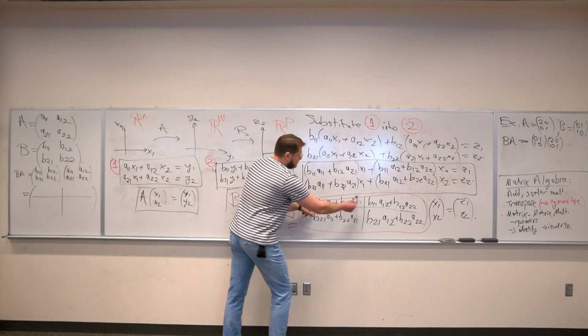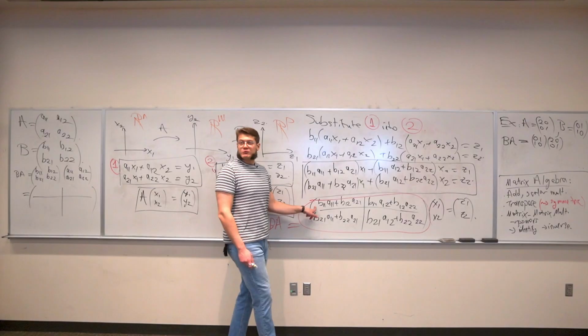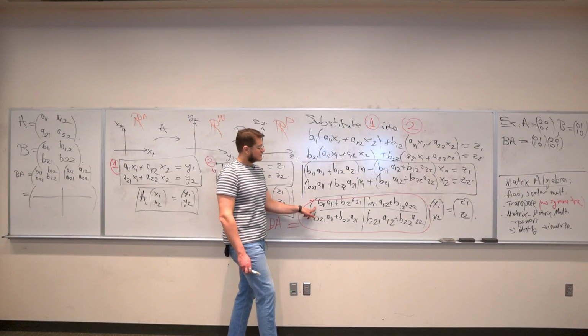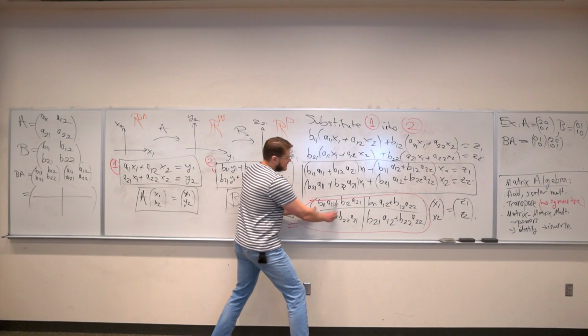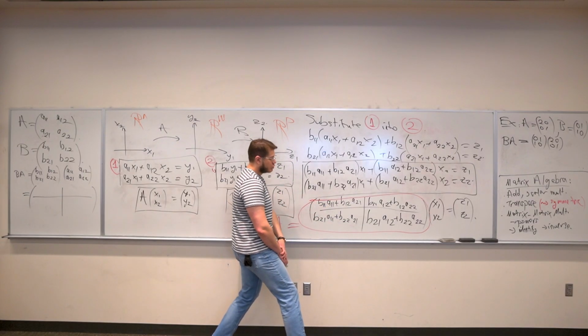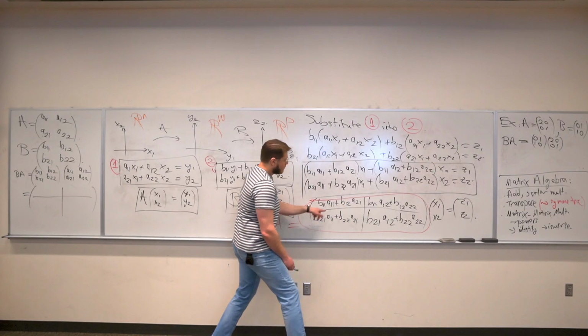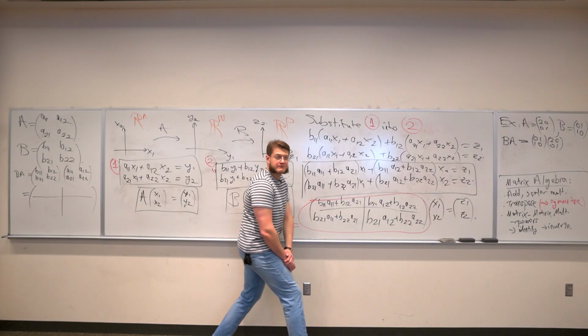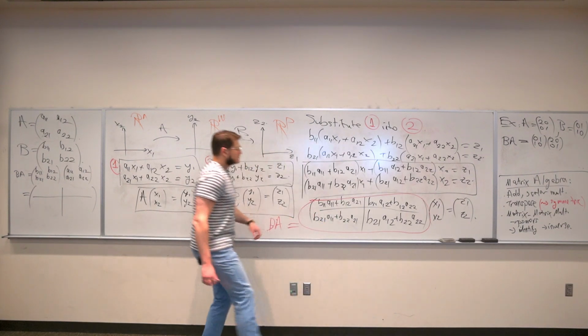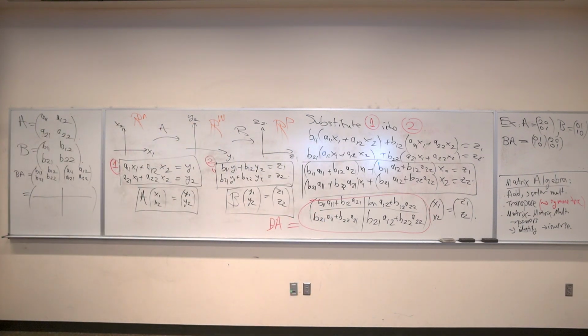Well, this top left entry is the 1, 1 entry of the product. And the pattern is this. I'm multiplying a bunch of entries coming from A or B, and the outer indices are always 1, 1, whereas the inner indices always match. That means, to compute this entry, the 1, 1 entry, for the left matrix, I take the first row, and for the right matrix, I take the first column.